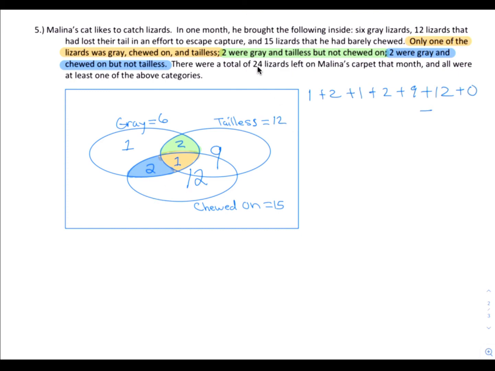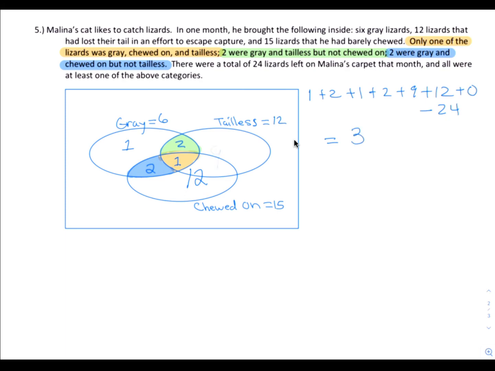And it says right here that there were 24 lizards, so we're going to minus 24. All right, what does all of that equal? So if you add 1 plus 2 plus 1 plus 2 plus 9 plus 12 plus 0 minus 24, you end up with 3.